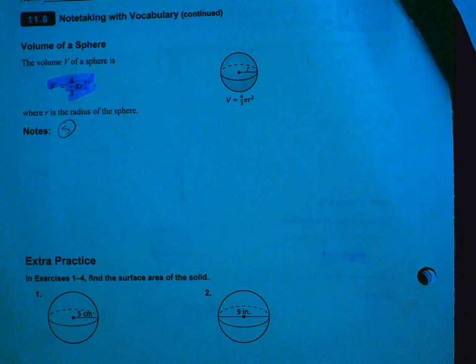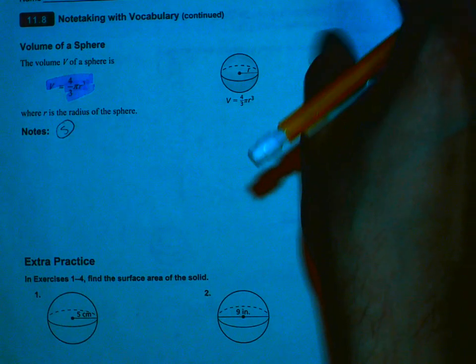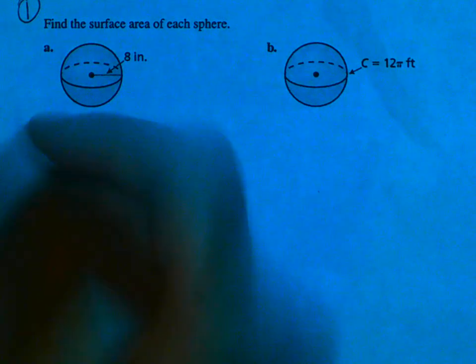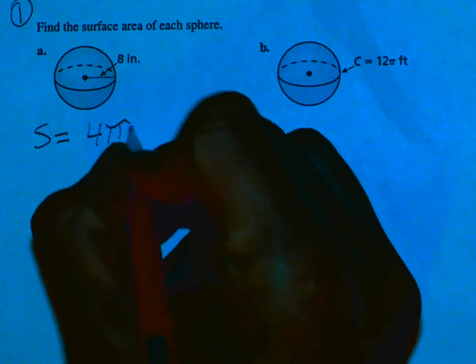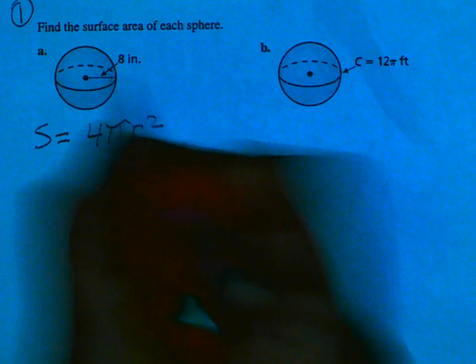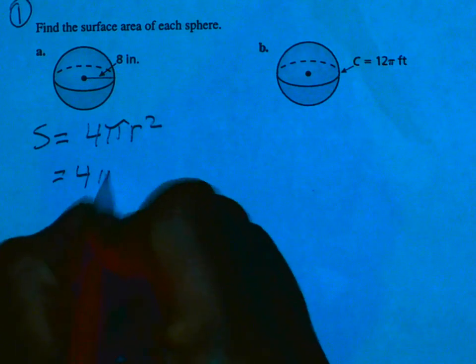Let's go ahead and start with the examples. Example number 1. It says find the surface area of the sphere. So we have two problems to do. Remember, the surface area of a sphere is 4 pi r squared. The radius is 8. All we're going to do is substitute the values in there.